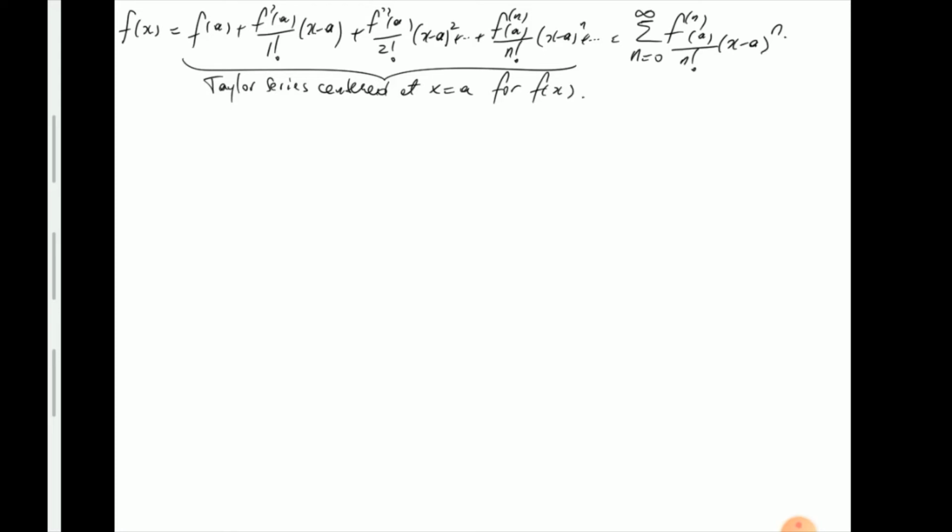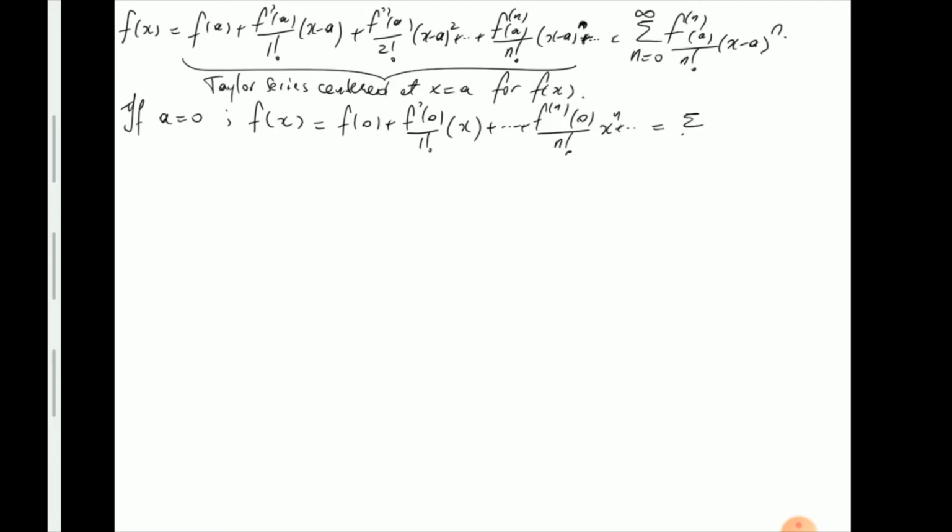So each function will have its own Taylor series. And if a is equal to 0, so if you decide the series to be centered at 0, this is called the MacLaurin series. So that's going to be just x to the n and so on.